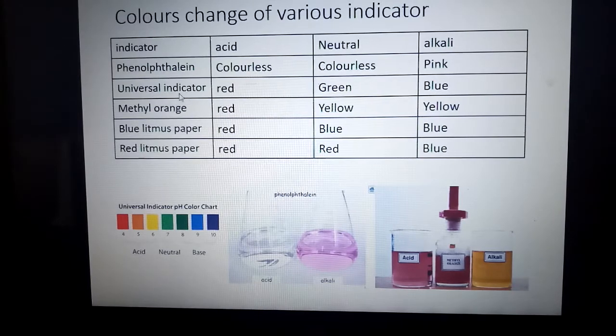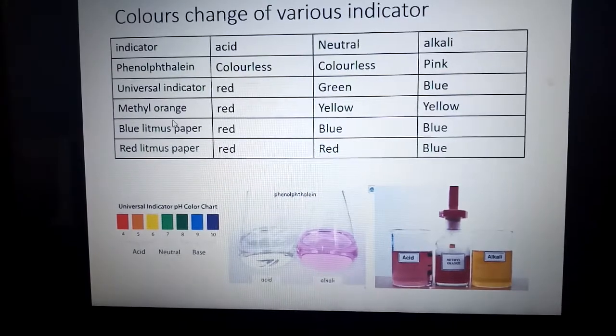For methyl orange, in neutral state, it is yellow in color, and the same goes for alkaline state. But we can identify or classify the things into acid because methyl orange will change into red color.